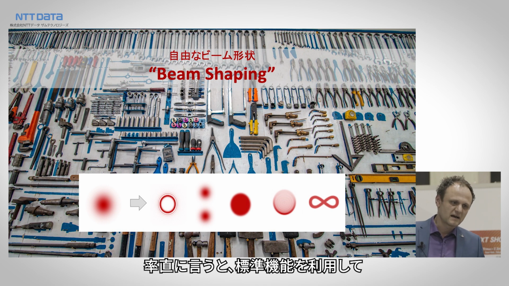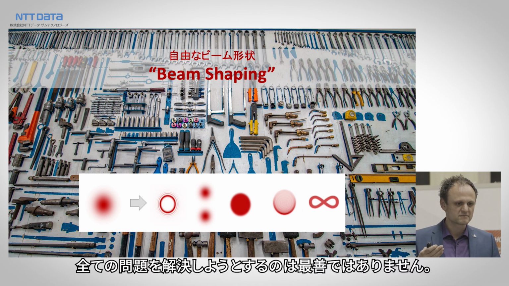But to be very, very frank, again, I'm trying to use metaphors or similar stories. Using a standard tool to solve all the world's problems is not the best idea.